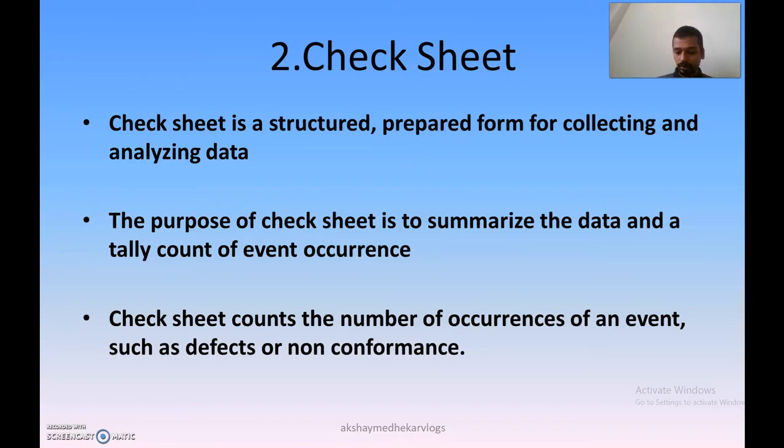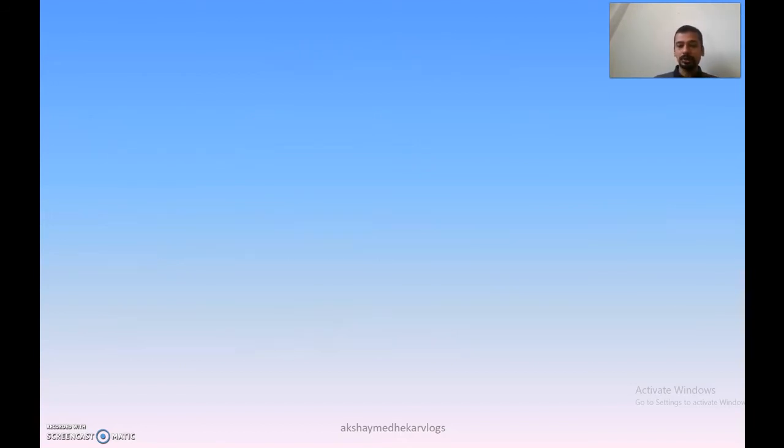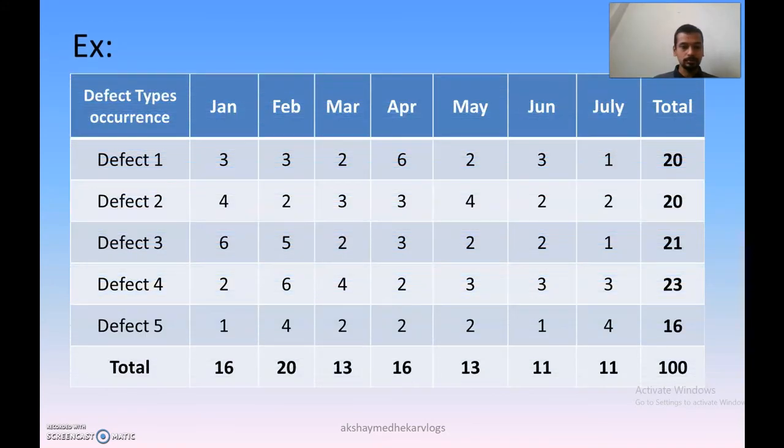So we'll see an example of how we can capture the data. You can see we are here capturing defects 1, 2, 3, 4, 5, 6, whatever the defects are. If you are working in the casting industry, the sheet metal industry, or on assembly lines, you need to capture what the defects on the line are.